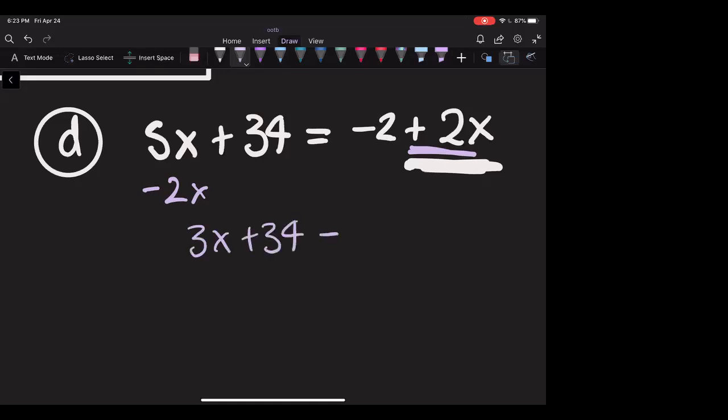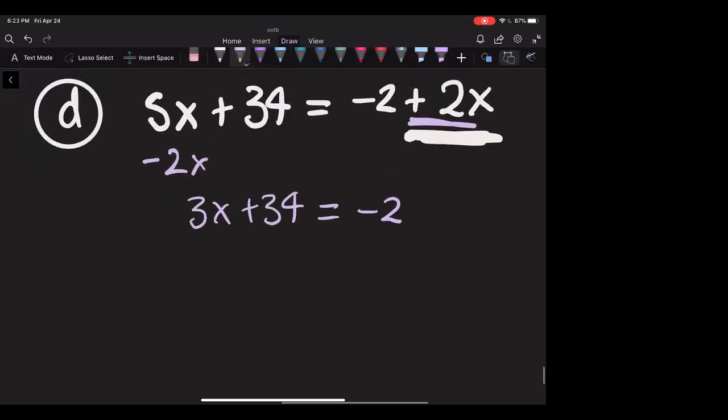3x plus 34 equals negative 2. Yes. Is it 36 over 1? Let's see. 36, no, sorry, 4.